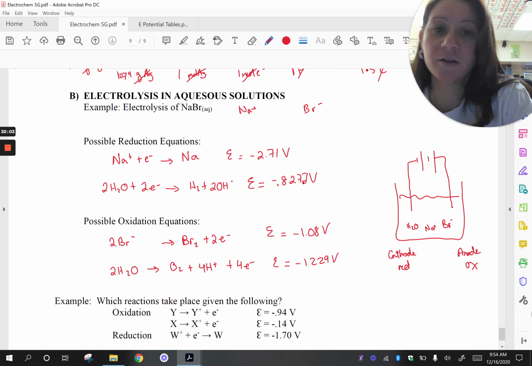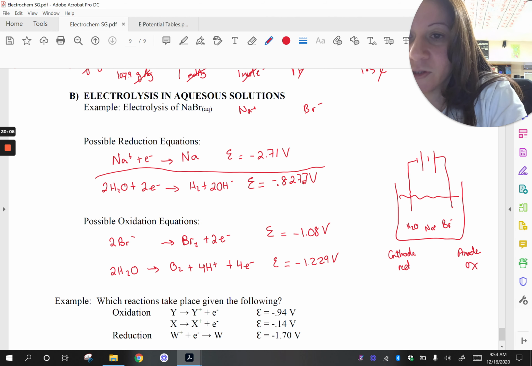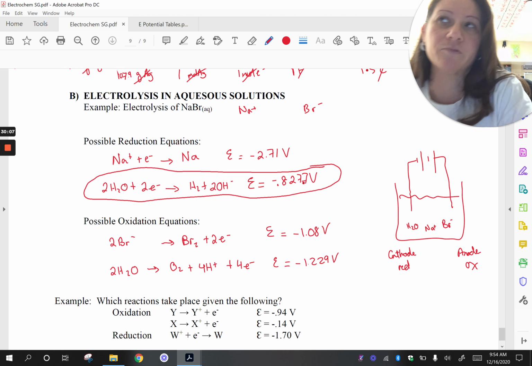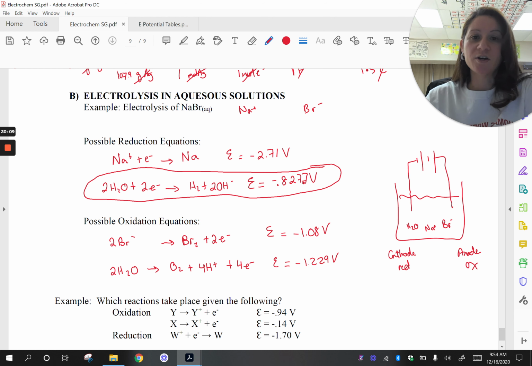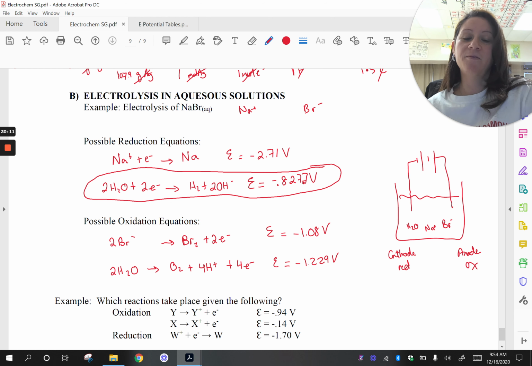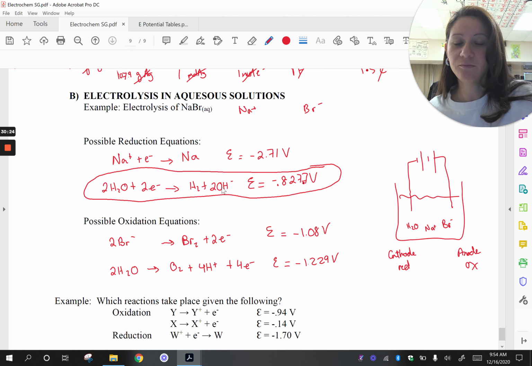So this one is more likely to occur. This one's going to occur faster, or first, I should say. If you are supplying enough voltage, then you can reduce this one and then start reducing that one. Both of them can happen, but this one is likely to happen because you need less voltage to get it to go.